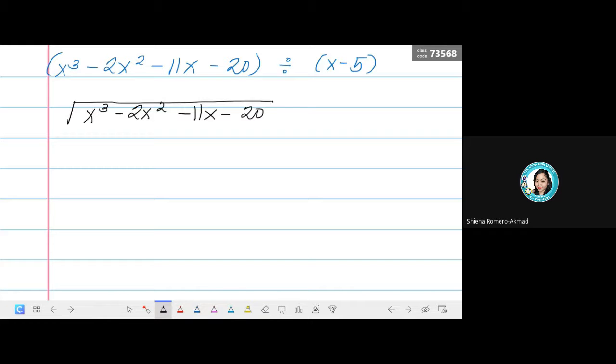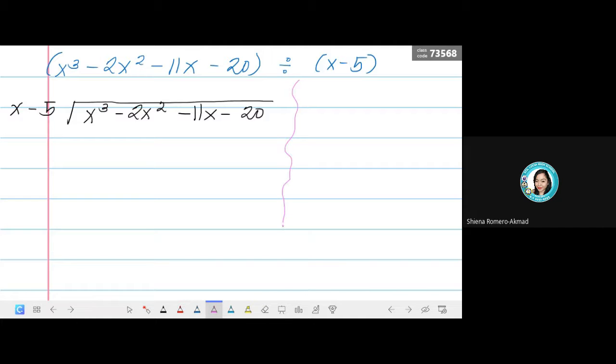Ayusin natin. X minus 5. So, naalala nyo, noong elementary kayo, tinuturuan kayo on how to divide numbers. So, ganun lang din yung sistema nito. Meron nga lang tayong mga letters na kailangan i-deal.